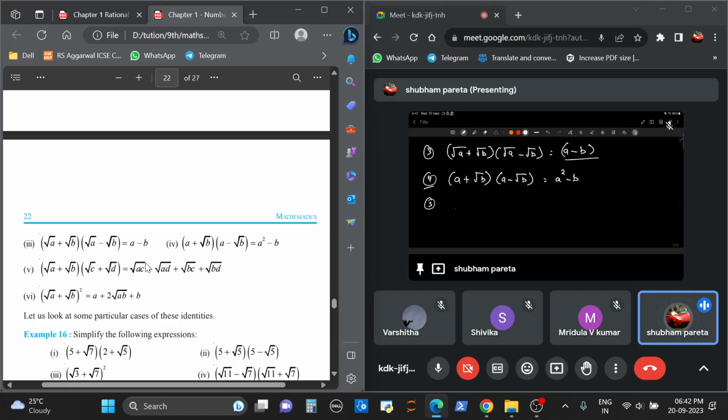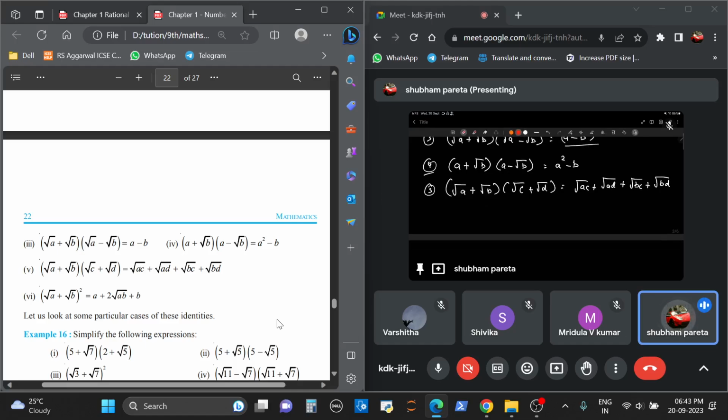Again the fifth thing, that is under root a plus under root b into under root c plus under root d. That means it is basically under root ac plus under root ad plus under root bc plus under root bd. Getting the point?